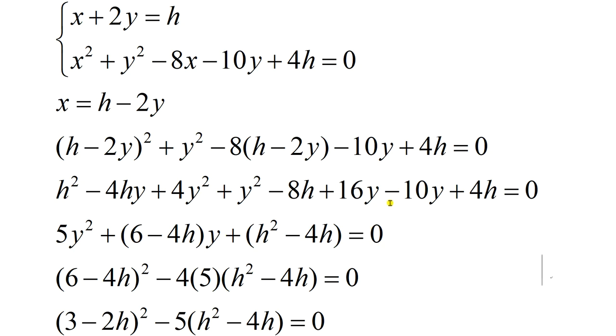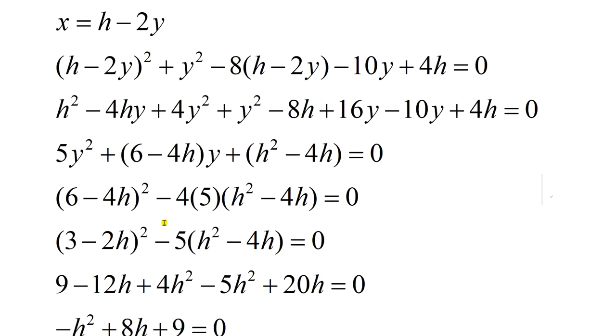As we know, the question tells you that the line touches the circle. That means if you solve this system of equations, you will have only a single solution. This quadratic equation will only have a single solution, which means the discriminant equals 0. So set up the equation b squared minus 4ac equal to 0.